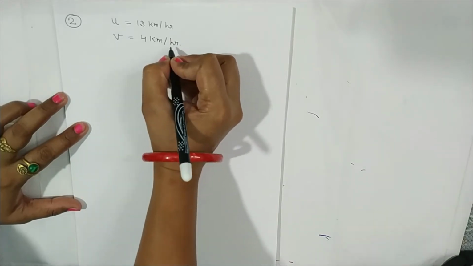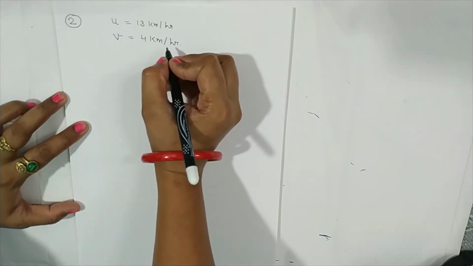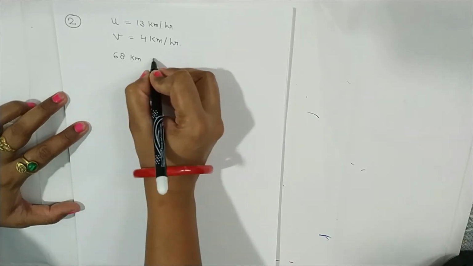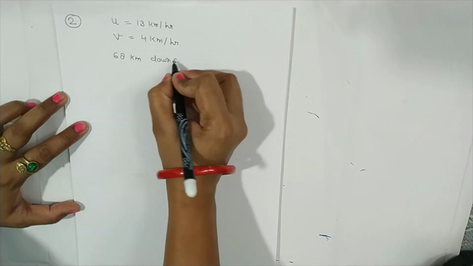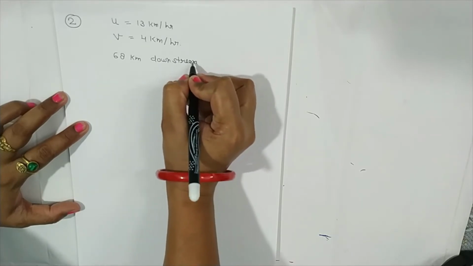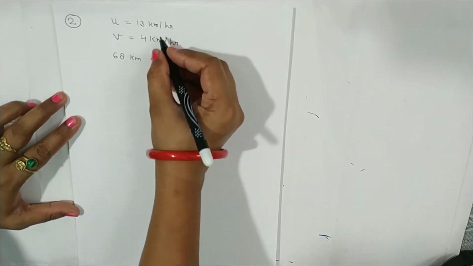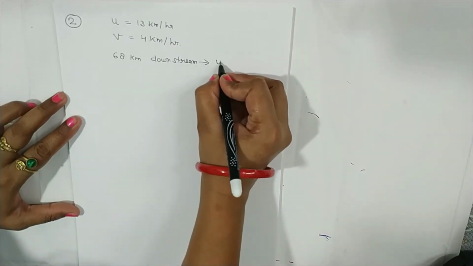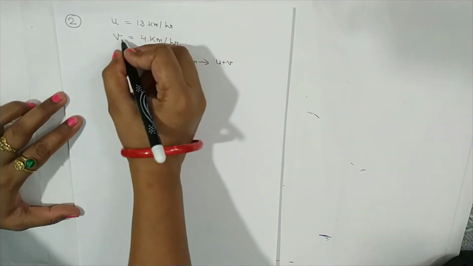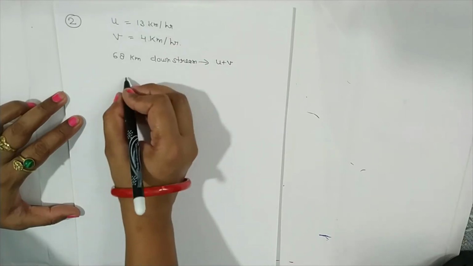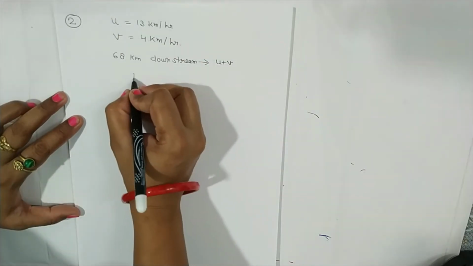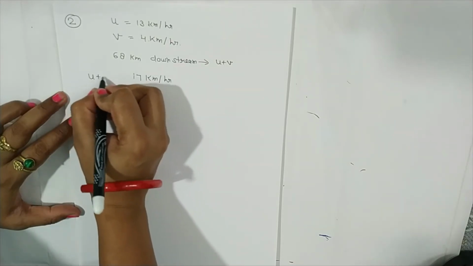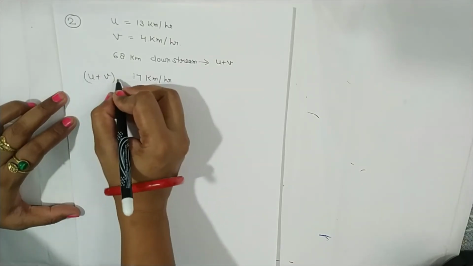Now find the time taken by the boat to go 68 km downstream. Downstream means we have to add these two, so downstream is u plus v, which is 13 plus 4, that is 17 km per hour.